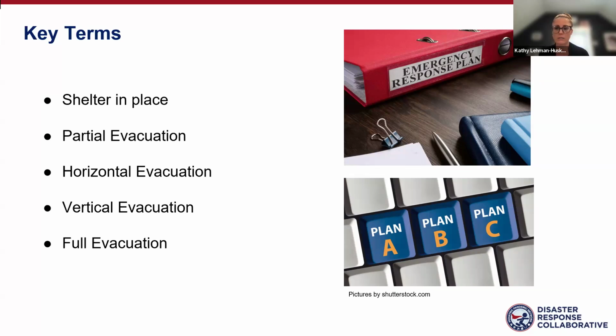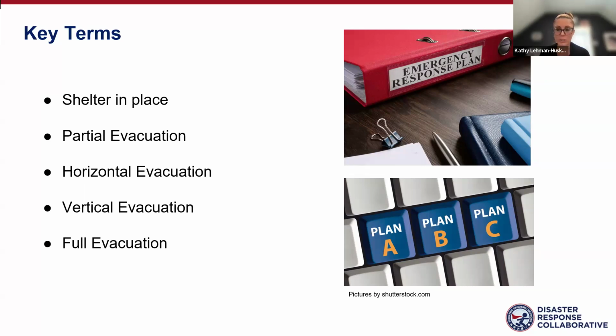Some people will also use these terms when talking about your campus. If you move from one building to another on your campus, you may hear horizontal evacuation used that way as well. But I think the more typical usage is within your building. When we did the PICU evacuation, that was a vertical evacuation. We actually moved down several floors.